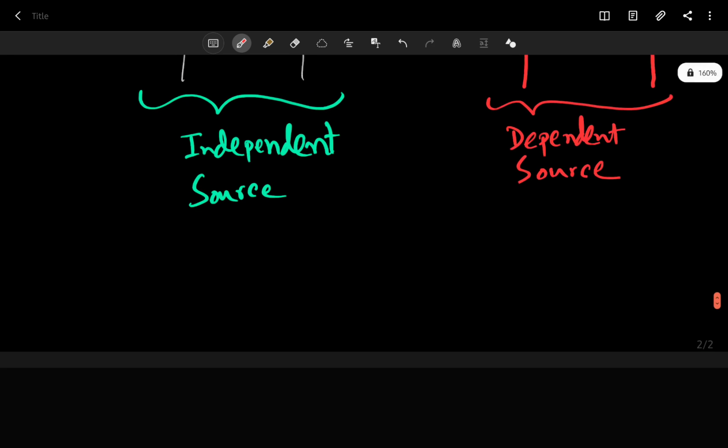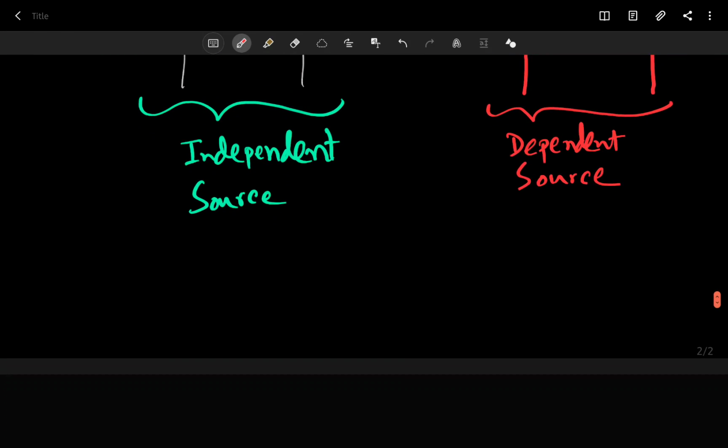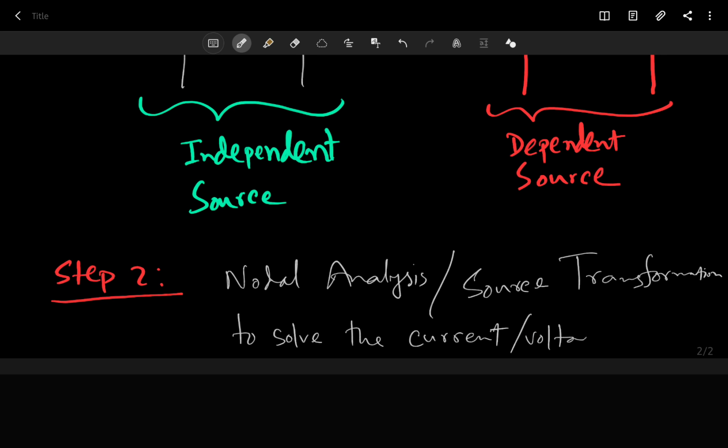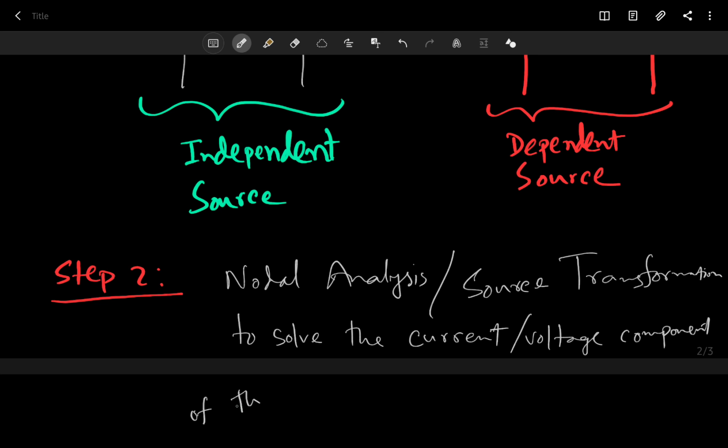Okay, and then step 2 is simply using some circuit analysis, like nodal analysis, or maybe source transformation or other techniques, to solve the current or voltage component of that one source that was alive, right?